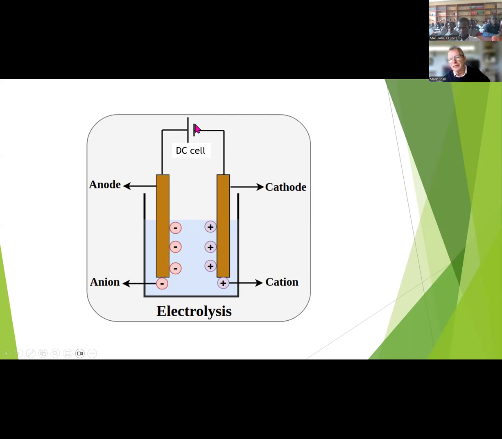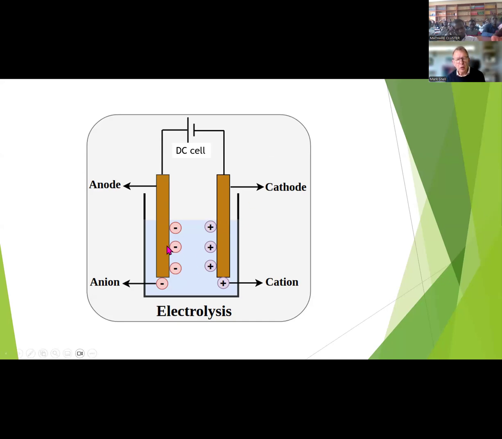The problem is that for students, often those two look very similar. And in an examination, they can forget that this is a DC cell, an ordinary battery, power pack, whatever, and they can think they're talking about a voltmeter. So try to keep those voltaic cells and electrolysis separate.